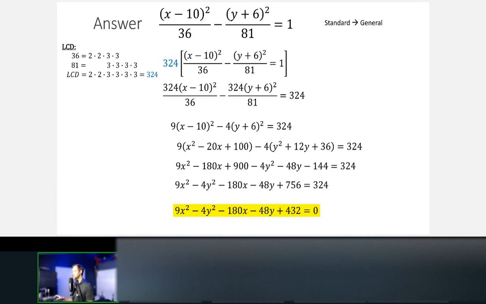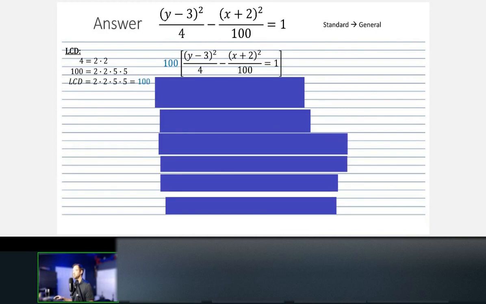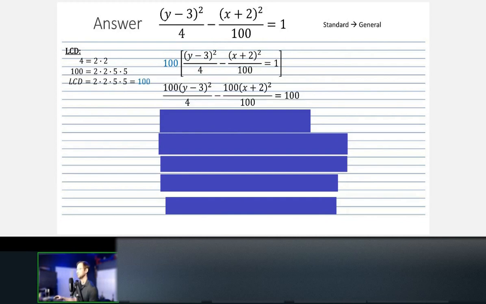All right, so we do have one more, but I'll just show the work. That way we can call it a day. If you would like to work this out on your own, feel free to. It is this problem right here. Let me just show the work real quick for it, and you can work it out later.